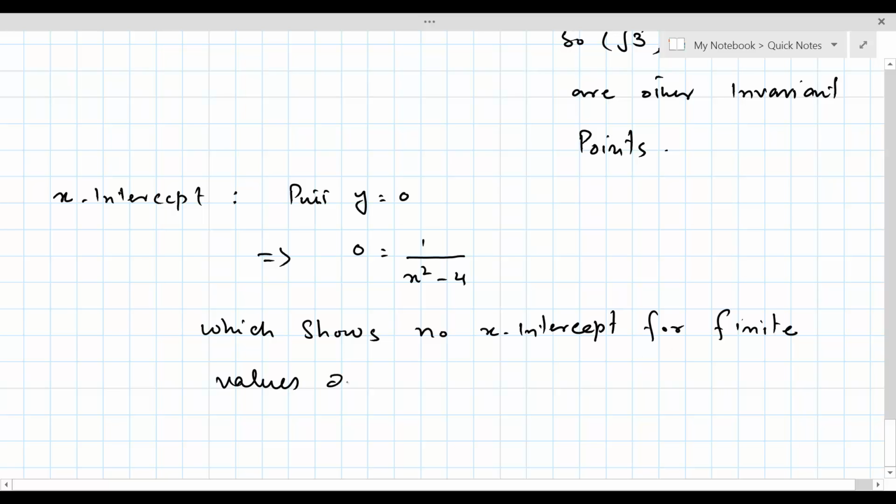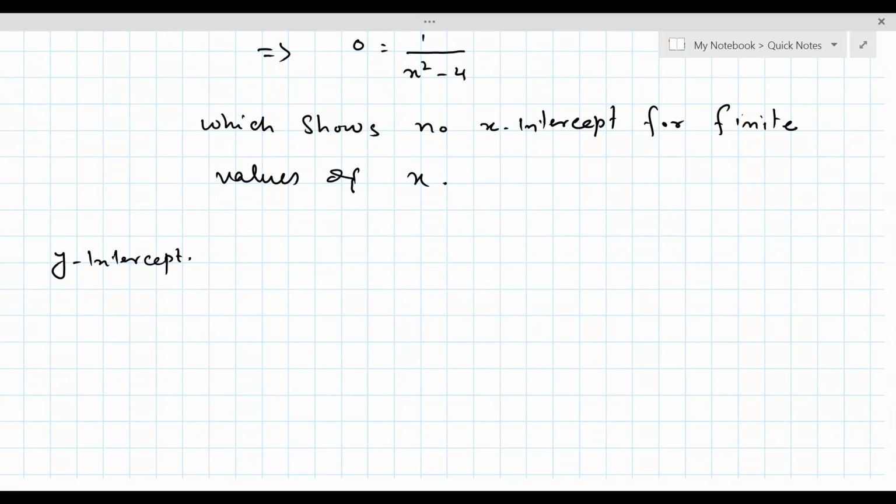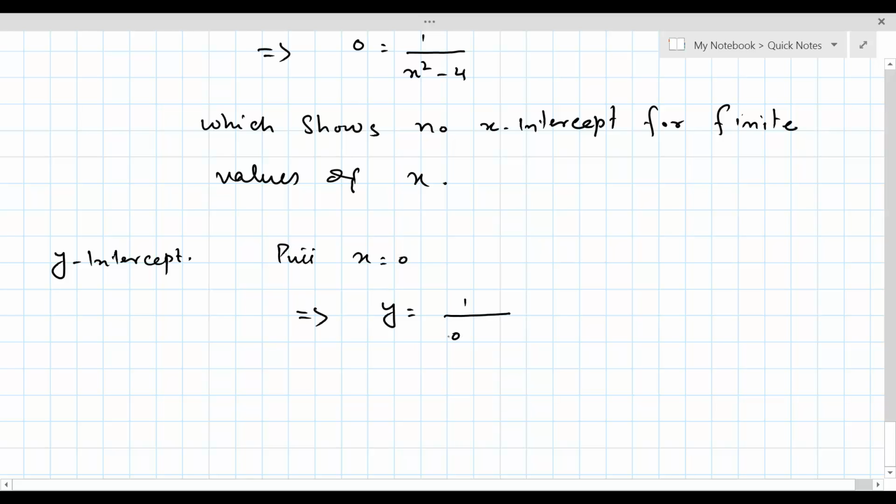Similarly, y-intercept, and for y-intercept we are going to put x equal to 0. This means y is equal to 1 over 0 square minus 4 means that y is equal to minus 1 by 4.